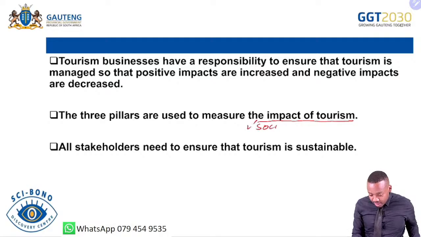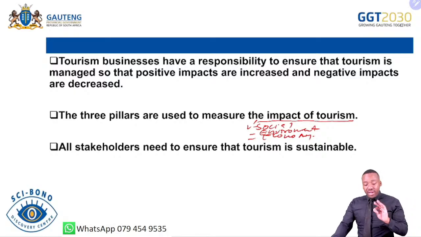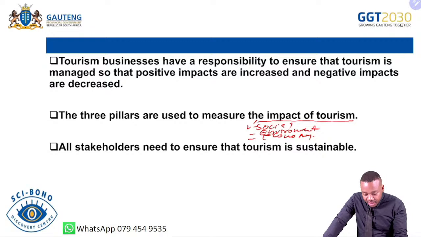On social, environment, and economy. So those 3 pillars are used to measure what? The effects of the tourism business or the impacts of a tourism business on social, environment, and the economy.